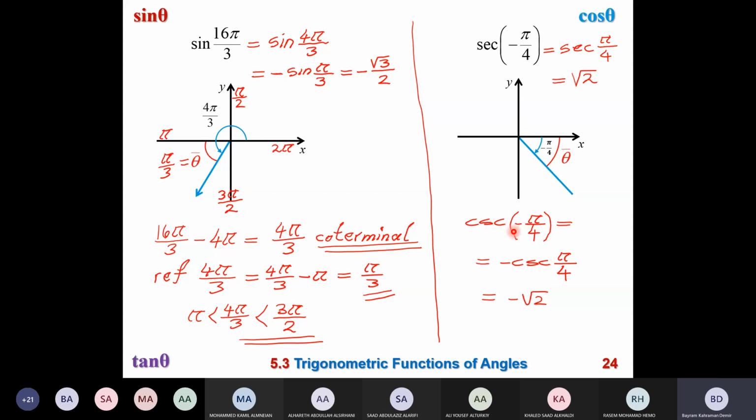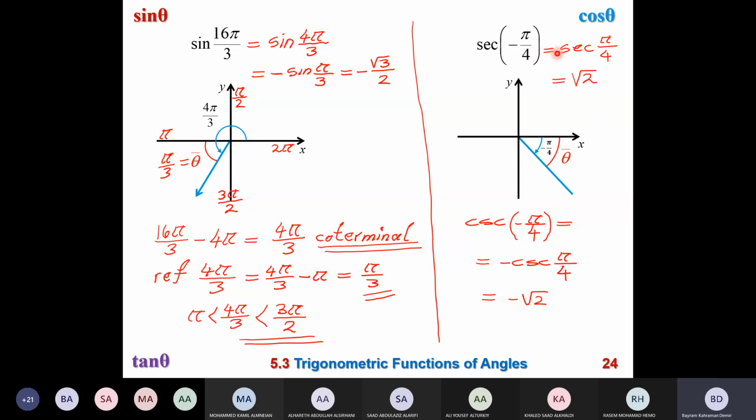So secant of negative pi over 4 is the same as secant of pi over 4, because in the fourth quadrant, cosine is positive, so secant is positive.